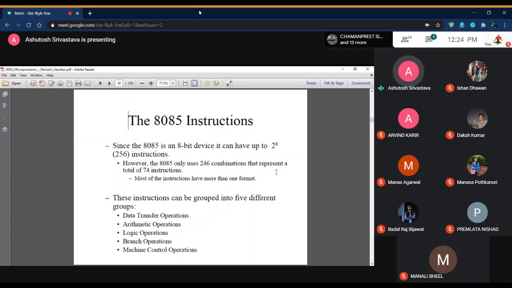So these instructions can be grouped into 5 different group sets.